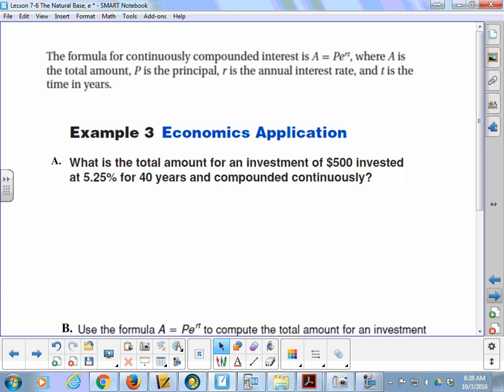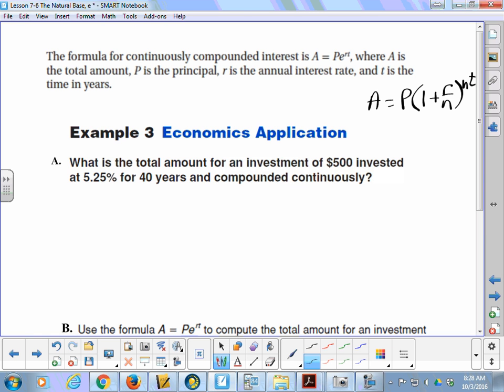There's also a compound interest formula that's similar to them, which says that A equals P times (1 plus r over n) to the power of nt. This is the compound interest formula, where it looks the same as the exponential growth. It's just that if I do them more than once a year, the value of n takes that into consideration.